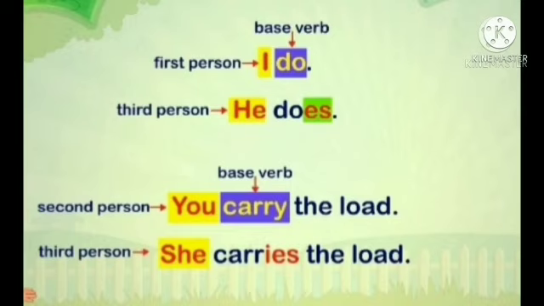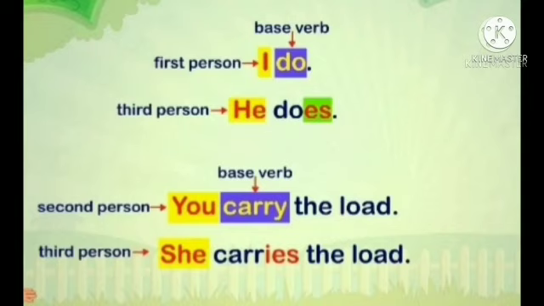For example, I do, but he does. Or you carry the load, but she carries the load. Here we see the verbs do and carry remain the same for first person I and second person you.